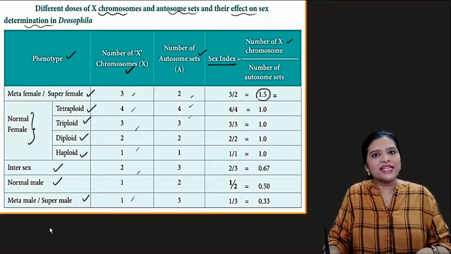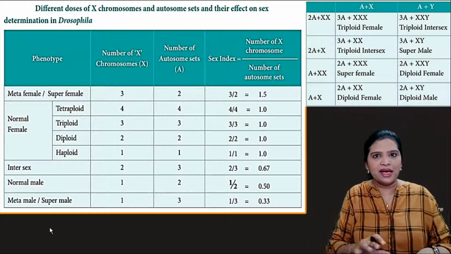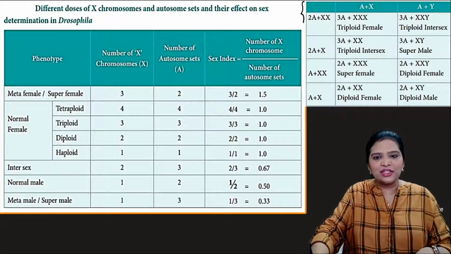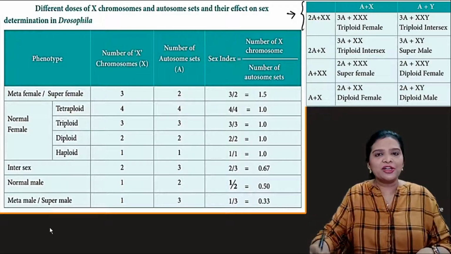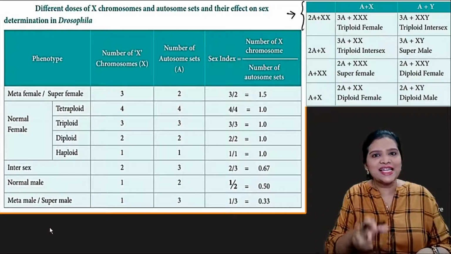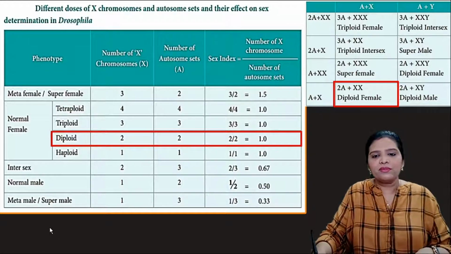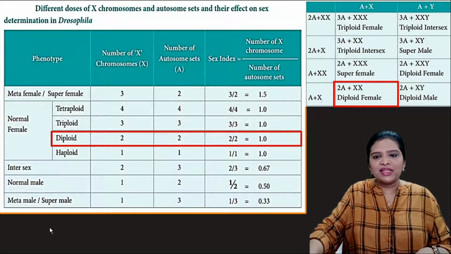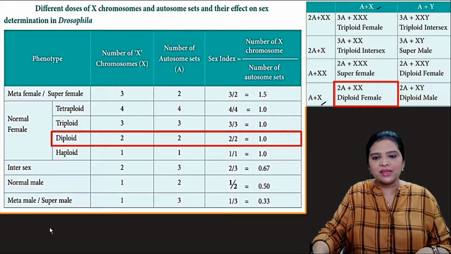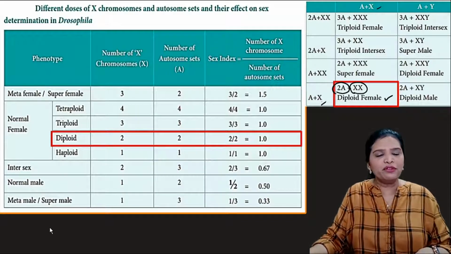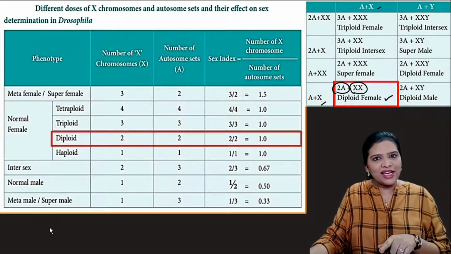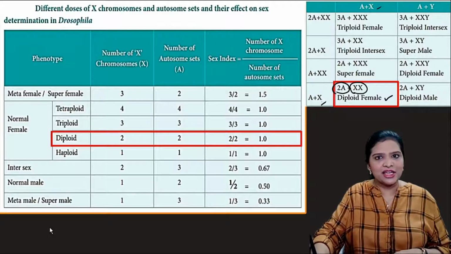Accordingly, this is your sex index ratio. Got it? Now, let us understand this using a comparison. This is the result that Bridges got in his experiment. Got it? So how he determined the sex of an organism using this sex index ratio, let us see one by one. See, for example, when these two gametes fuse, if an organism contains 2 autosomes and 2 X chromosomes, this organism is determined to be a diploid female. How? To calculate that, we need this sex index ratio, right?